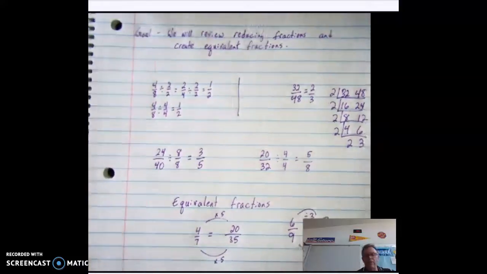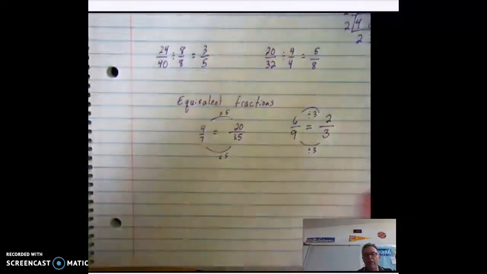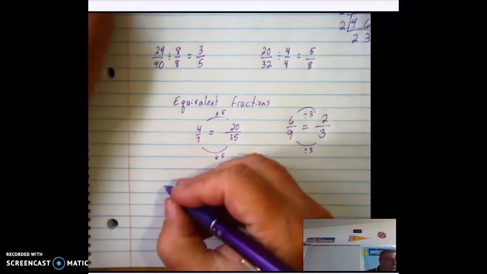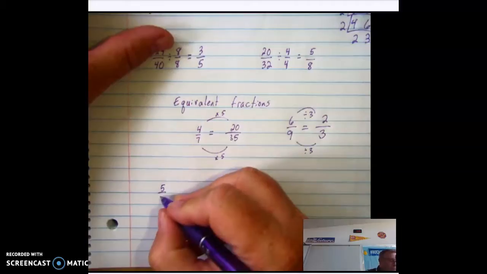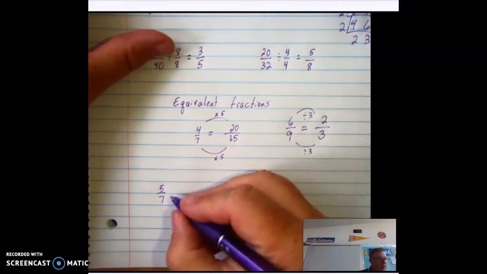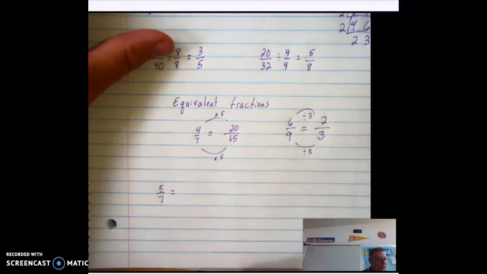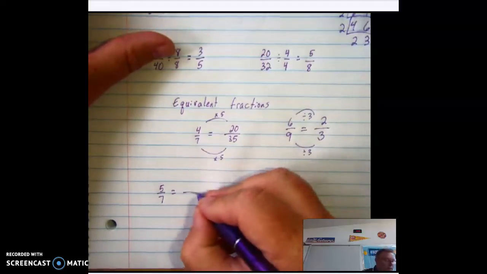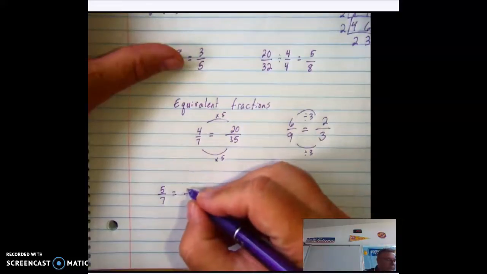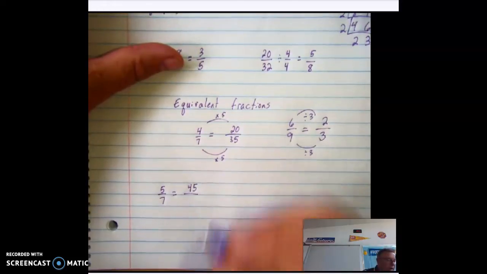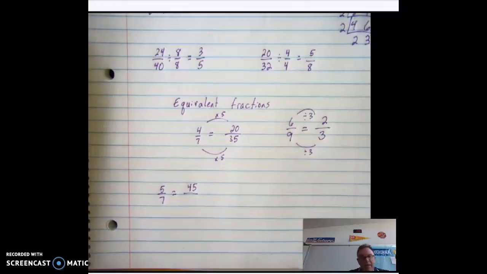Okay, I'm going to give you a couple of chances to solve it on your own. So if I gave you 5/7, and I need an equivalent fraction, and I'll give you a numerator this time, so let's give you 45. Your job is to try to figure out what my denominator needs to be.